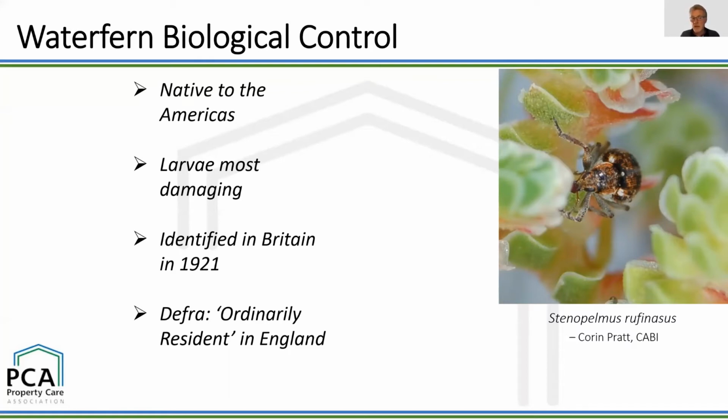It's classed as ordinarily resident, so that means that it's been here for many, many years. It's persisting in the natural environment, surviving on remnants or patches of Azolla which has been released into the environment. Now, the larvae is most damaging.